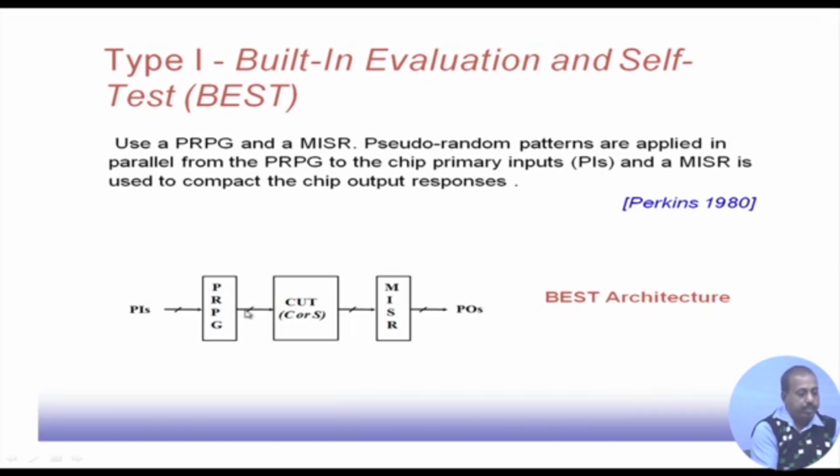So, these n bits are generated and fed in parallel to the circuit. Similarly, if the circuit has n outputs, then the MISR has an n bit output.